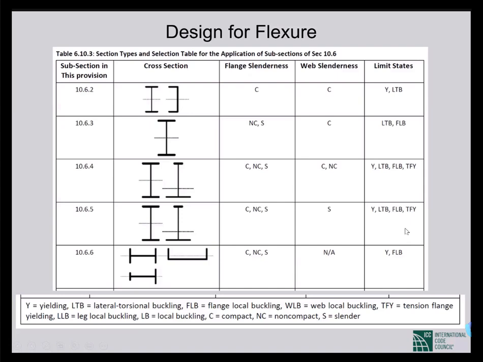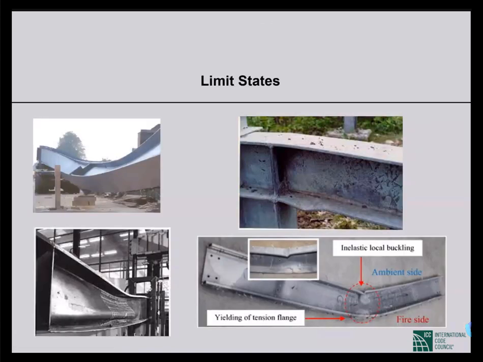Now the limit states are shown in different figures. Like here you see on the top left, that is lateral torsional buckling. As it buckles, it twists sidewise. On the right side at the top, you can see the flange has locally buckled, the bottom flange.